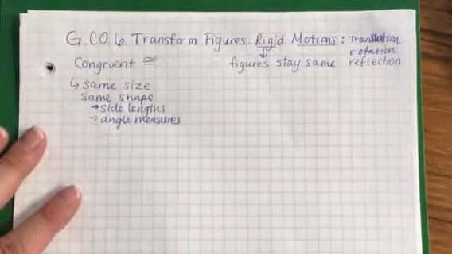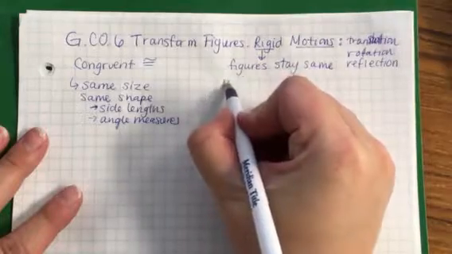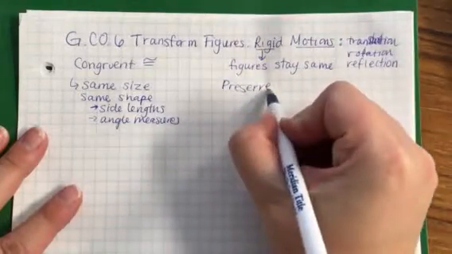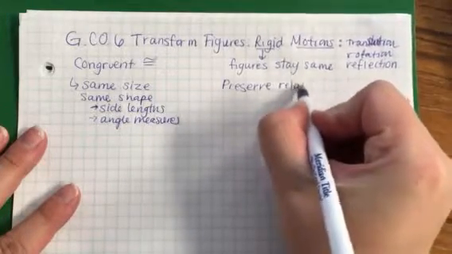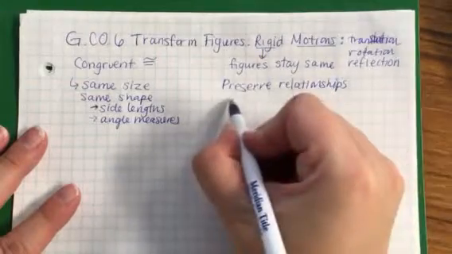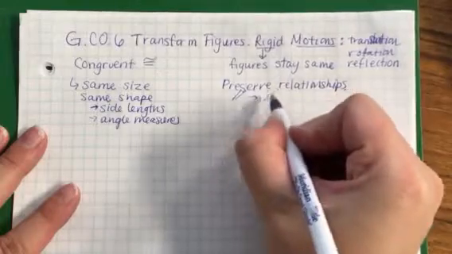So rigid motion transformations also preserve, that means keep the same, relationships. Meaning that if it was parallel, it stays parallel.